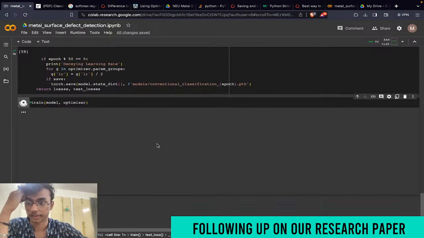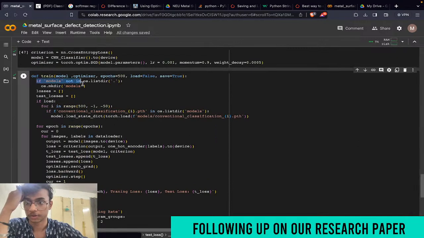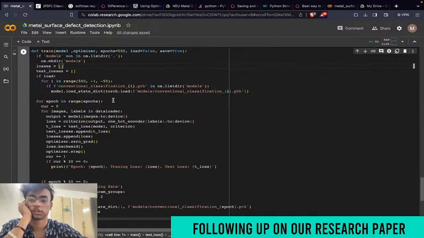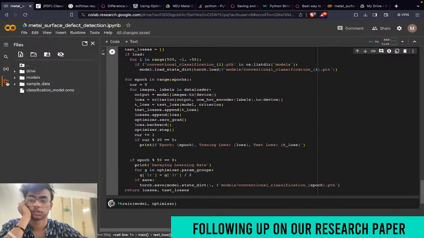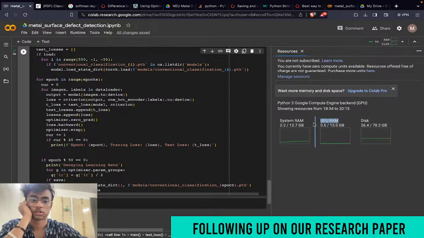Should we wait even more? Model in os.list. Just haven't saved. Is the GPU getting used? Low, but yes.